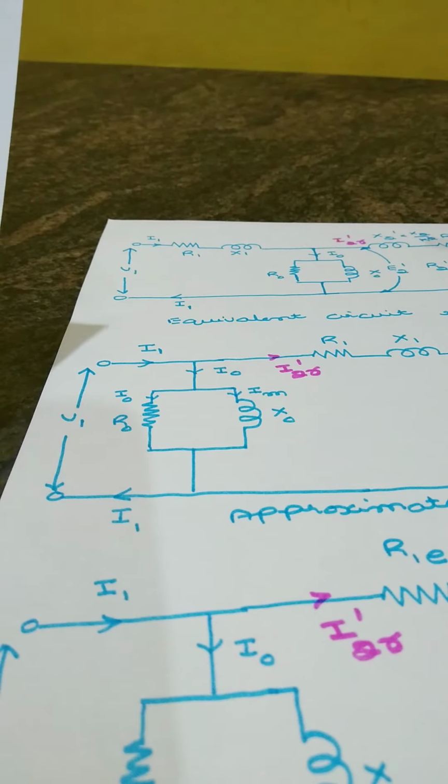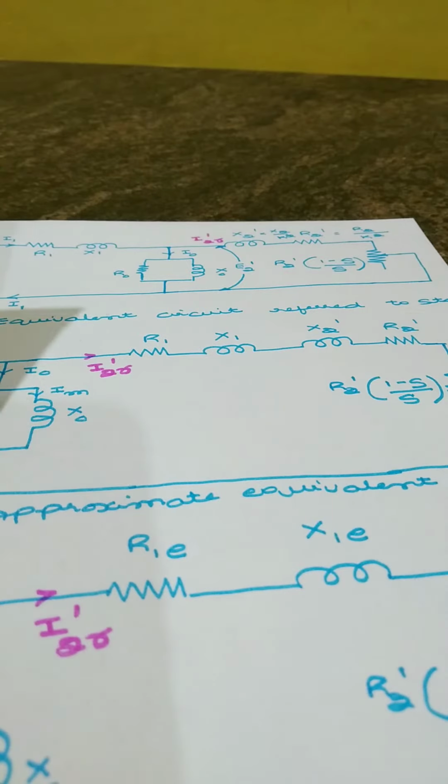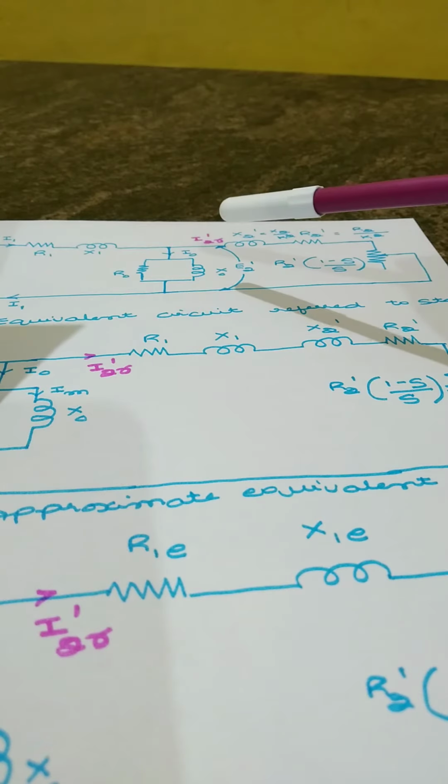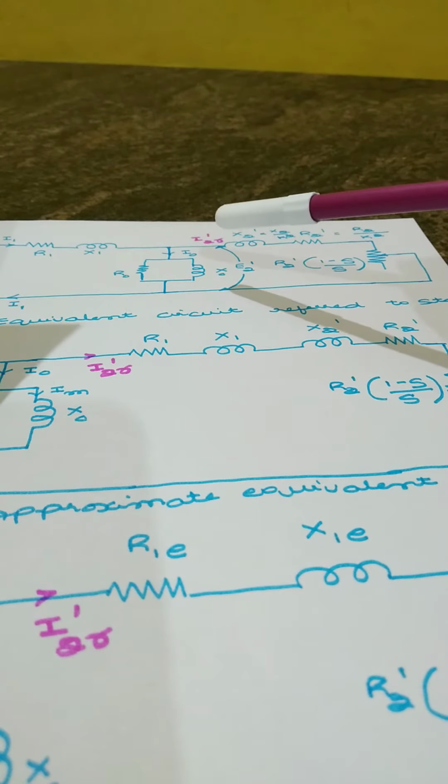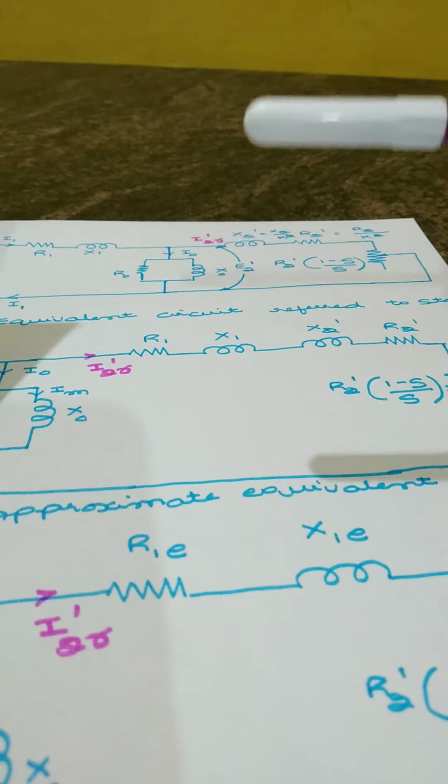Rotor input is nothing but power in the rotor. Power in the rotor, how to find out? I2 dash whole square into R2 dash. Since it is a 3 phase, I will multiply it by 3 divided by S. If you do it, then you get the rotor input. So if you refer to the equivalent circuit diagram, you can obtain the power equations.